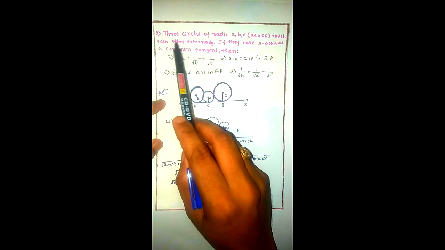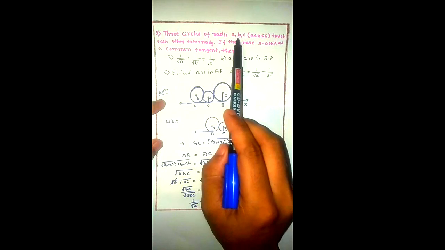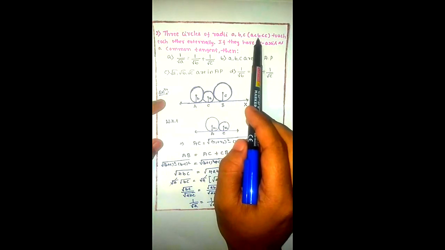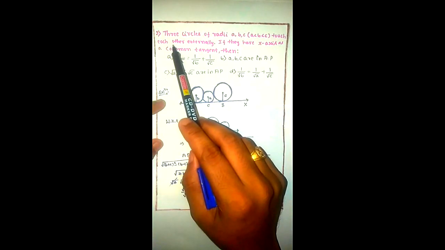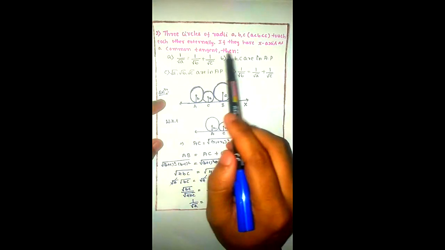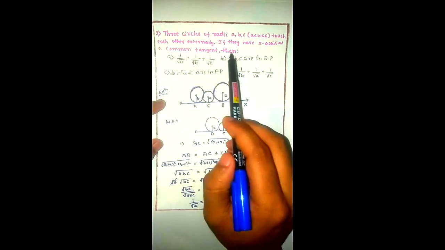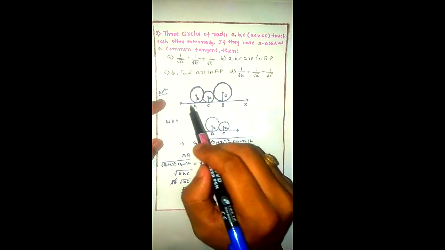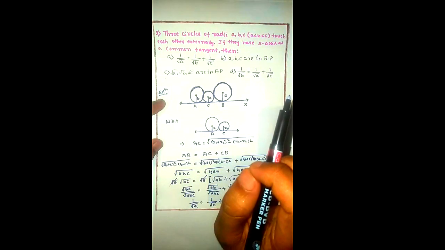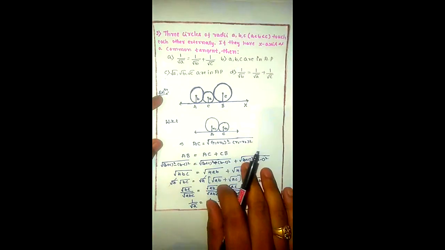So they have already given three circles of radii A, B, C, with A less than B less than C, touching each other externally, if they have the x-axis as a common tangent. So the x-axis is the common tangent for the three circles. So observe the diagram.